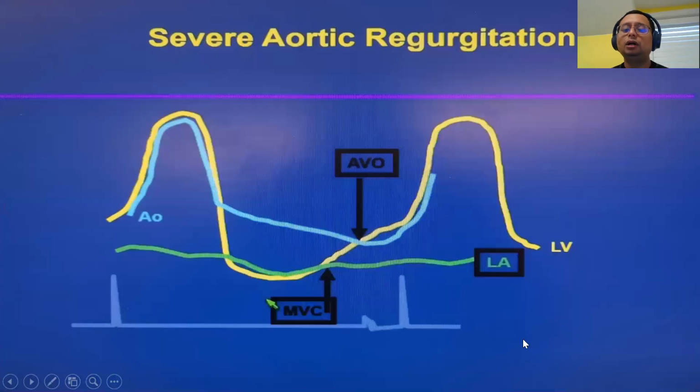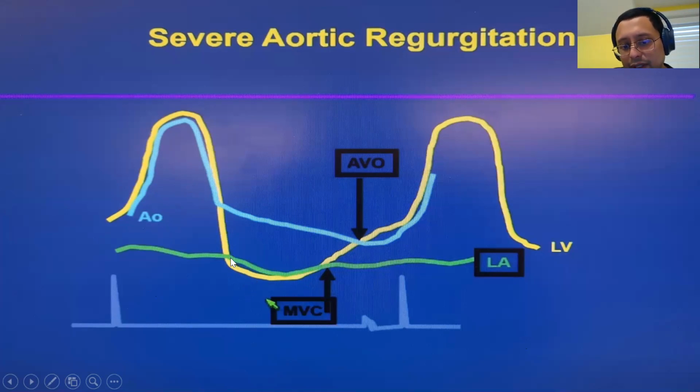All right. Now, why do patients have premature mitral valve closure? And patients can also have another one, premature aortic valve opening. Okay, let's look at the hemodynamics. This blue line is your aortic pressure. This yellow line is your ventricular pressure. If you notice, during diastole, the left ventricular pressure is not going all the way down because of severe aortic regurgitation.